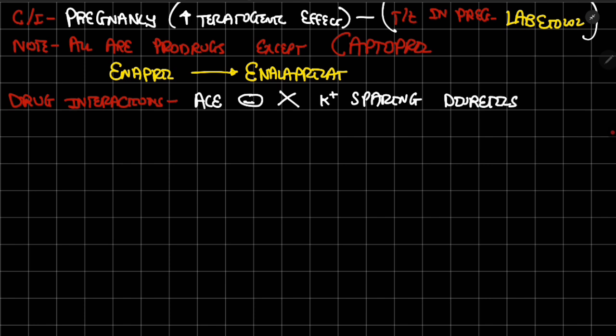So tell me one thing, what does ACE inhibitor do? ACE inhibitor decreases the level of aldosterone, so Na plus and H2O retention is not done, so it is lost in urine. So the potassium is increased in the body. And if we combine potassium sparing diuretics, potassium will be conserved further. So it is dangerous in hyperkalemia.